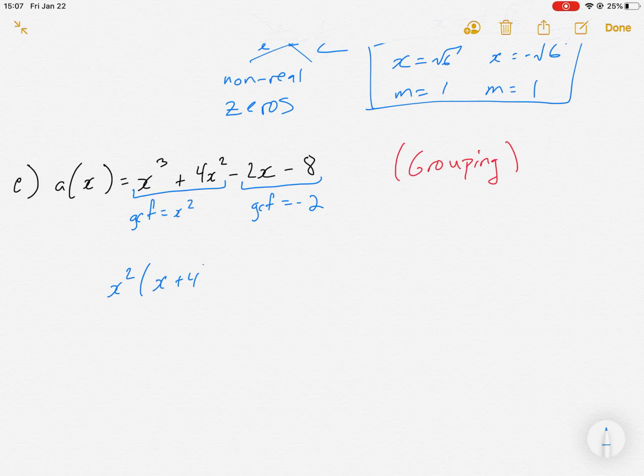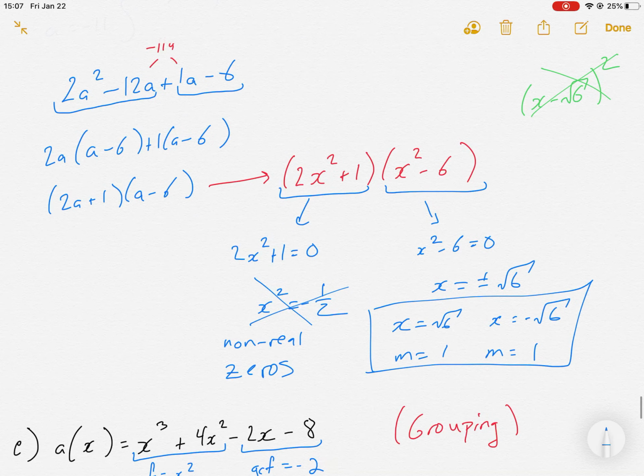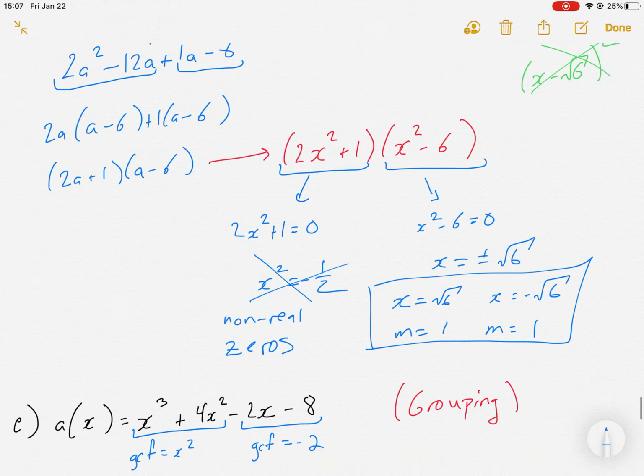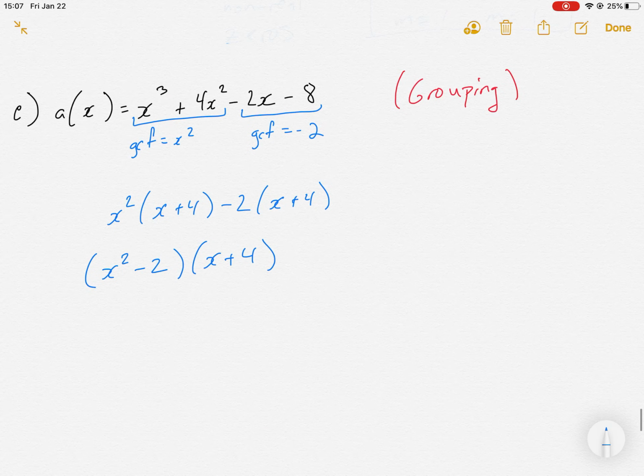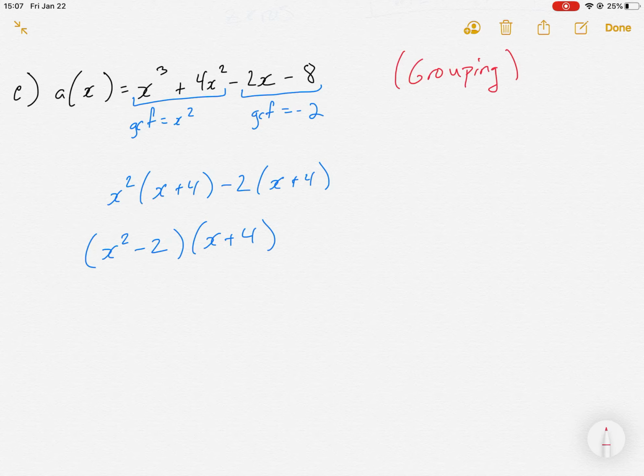X squared times x plus 4, minus 2 times x plus 4. So notice how they each have an x plus 4 in them. So I actually end up with x squared minus 2 and x plus 4. Just like we did up here with that a minus 6 becoming its own factor, and then 2a plus 1. We have our two factors here.